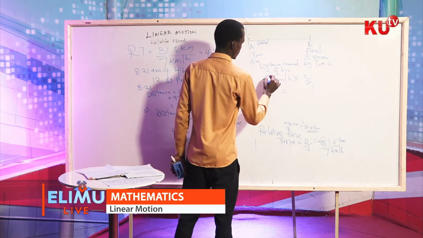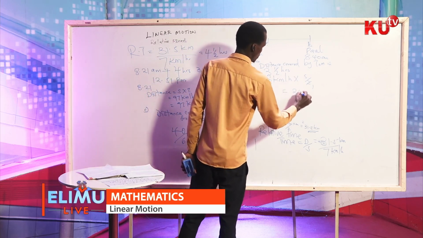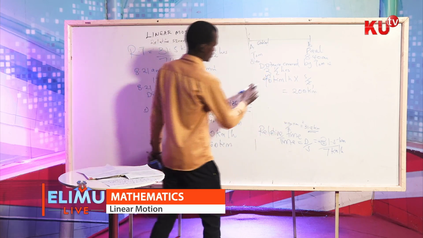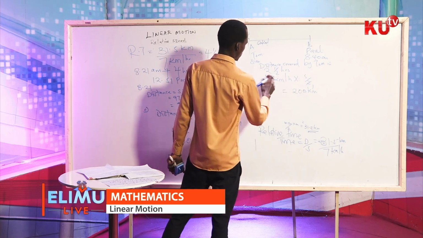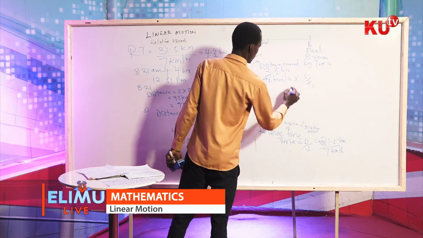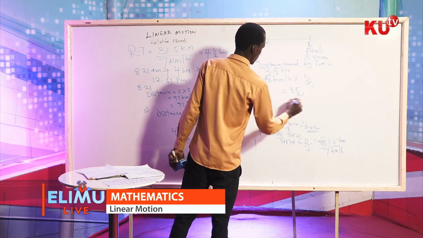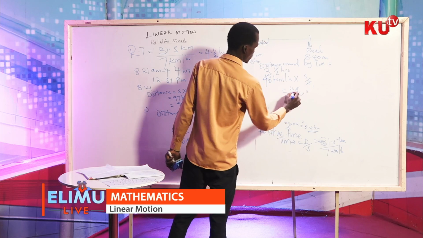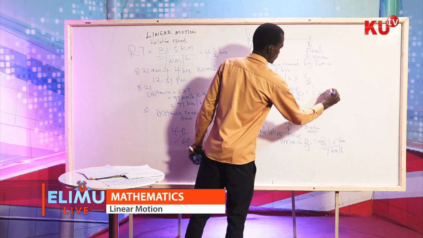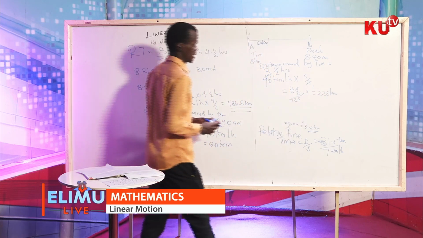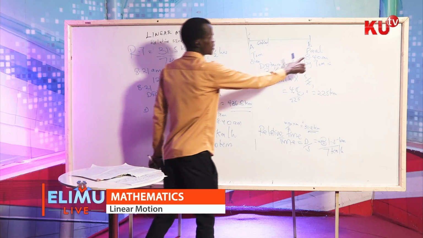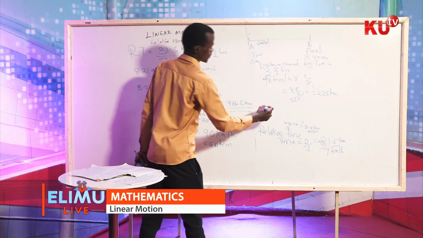This is 45. 45 times 5 is... not 40, 45 times 5, this is 5, carry 2, it is 225 kilometers. And Paul is also moving from town B.